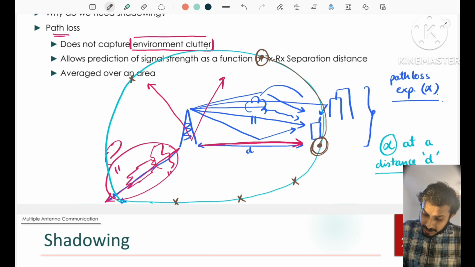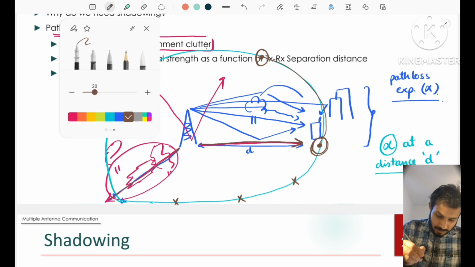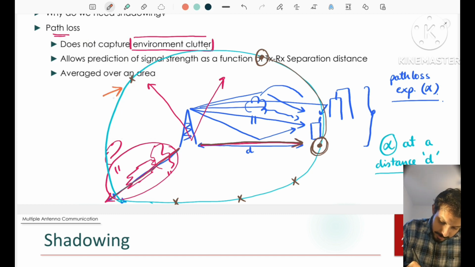However, please note that the operating environment in this direction is different from the operating environment in this direction, which is not captured by the path loss model, or we can say which is not captured by the path loss exponent. So we generally say the path loss is the area mean.